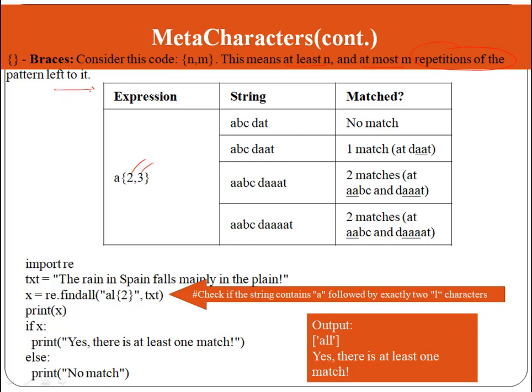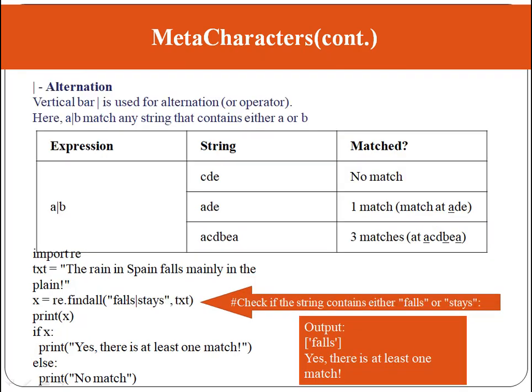So here you can see there is no repetition, at least two, right? After that you have at least two patterns. Then here at least two, maximum three. Here at least 2, maximum 3, and this is how you can go through it.